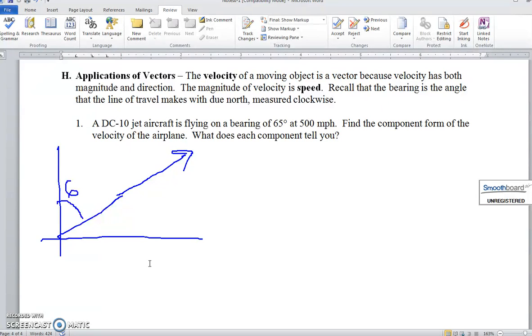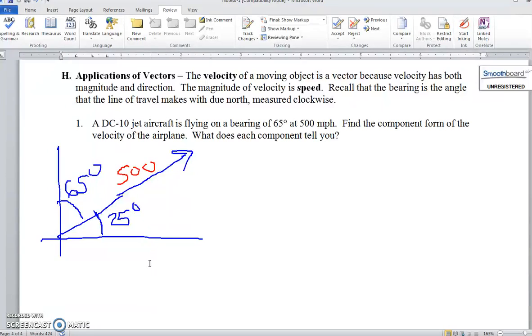But any math we have to do has to deal with that angle right there, and those two angles together add up to 90. So this would be 25 degrees. The 500 is just going to be the length of our vector. So the magnitude there is 500.